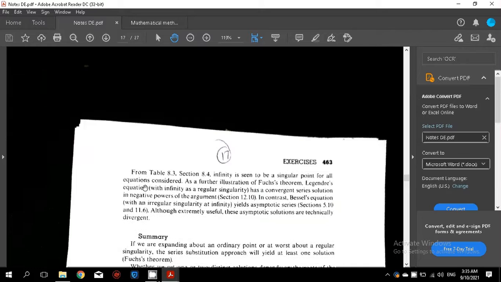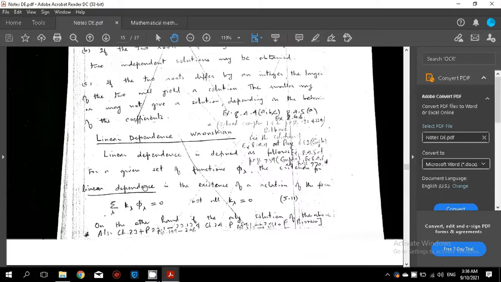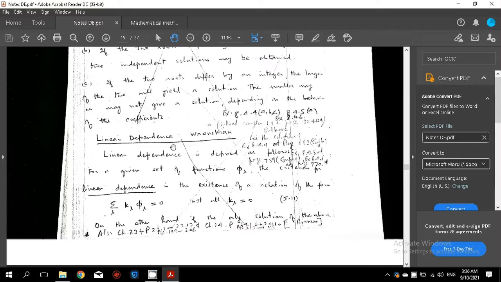Okay, so let me now go back to the concept of how to get the second solution. This is the page of my notes which describes the linear dependence and the Wronskian.